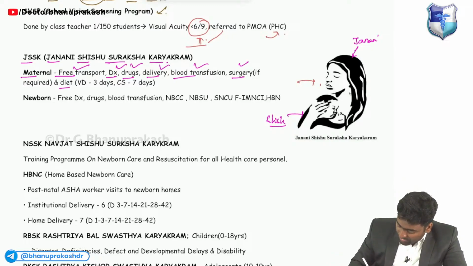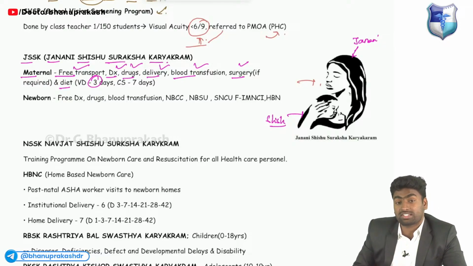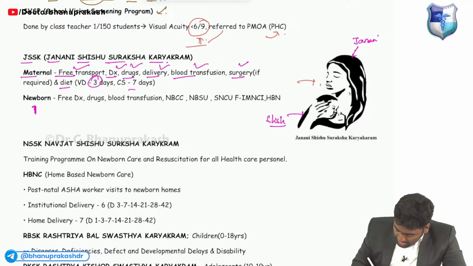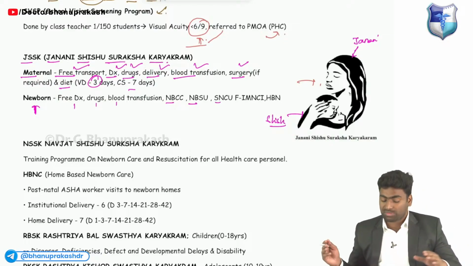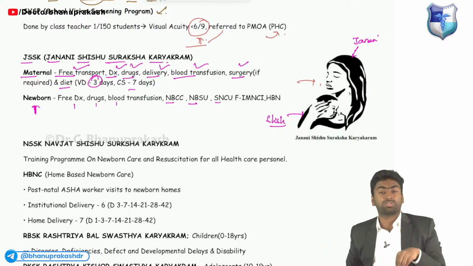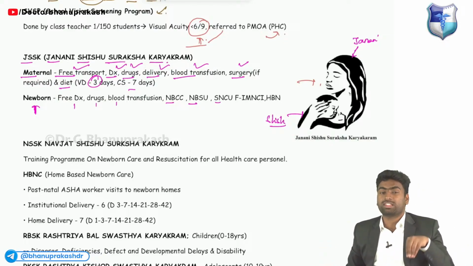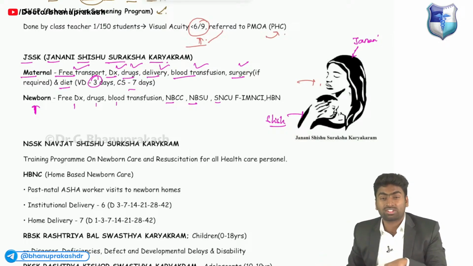Diet is provided for 3 days for vaginal delivery and 7 days for cesarean section. For the newborn, the same free diagnosis, drugs, blood transfusion, and newborn care corner, newborn stabilization unit and special newborn care units come under the Janani Shishu Suraksha Karyakram. This is the logo of Janani Shishu Suraksha Karyakram.